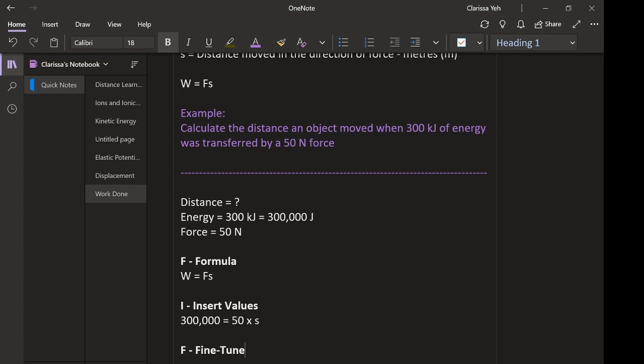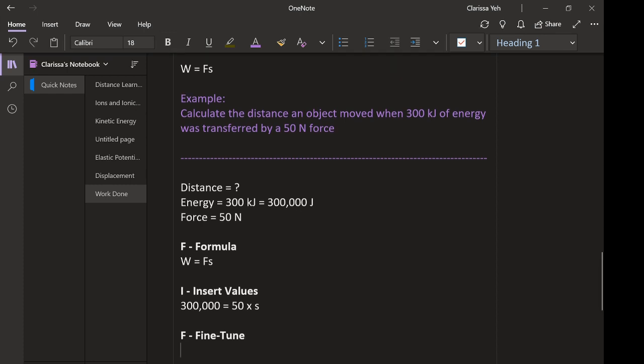Next, fine-tuning it. Basically, the rearranging part, solving for the variable. Well, our missing variable is s, our distance. So once again in maths, we have to get that on its own by doing the opposite to anything that's on its side.